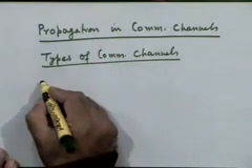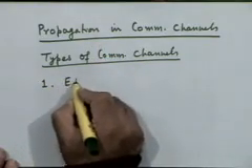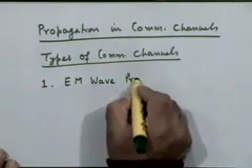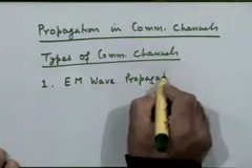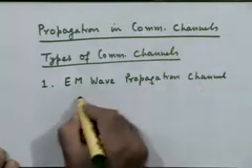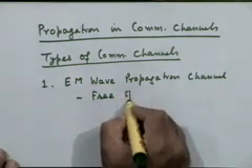Primarily you can talk about three types of channels from this point of view, right? And these are as follows. One we call simply the EM wave propagation channel, for want of a better name, but perhaps you could also call it a free space channel.